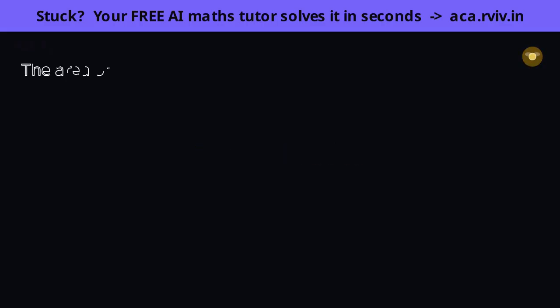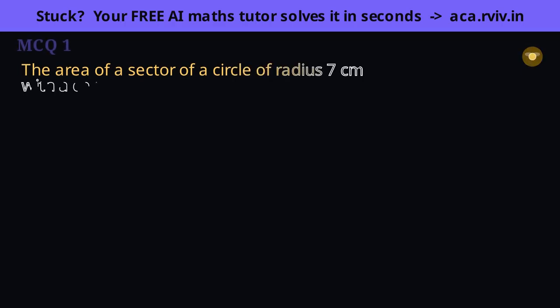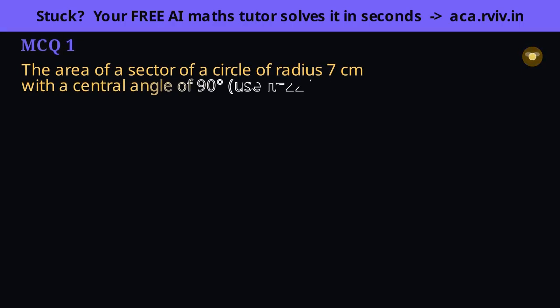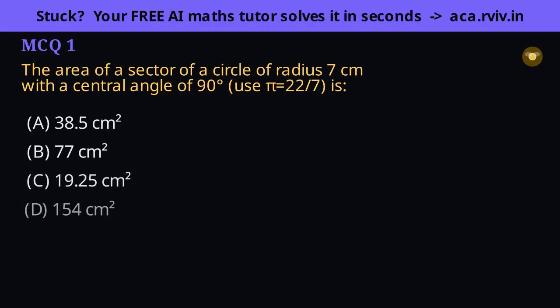First, recognize the shape. 90 degrees is a quarter of the full 360, so this sector is a quadrant, 1/4 of the circle. That instantly tells us the angle fraction without any long division. Consider the 4 options.